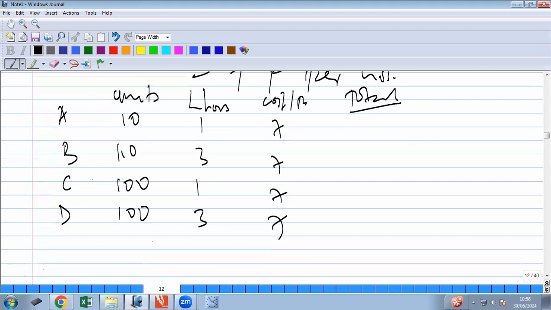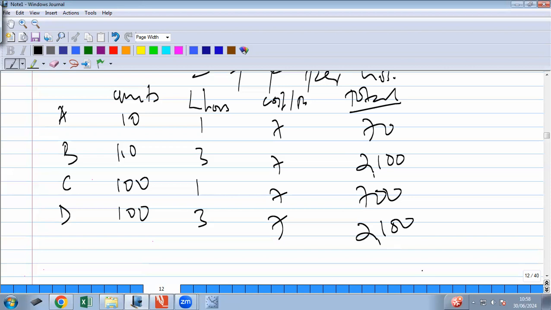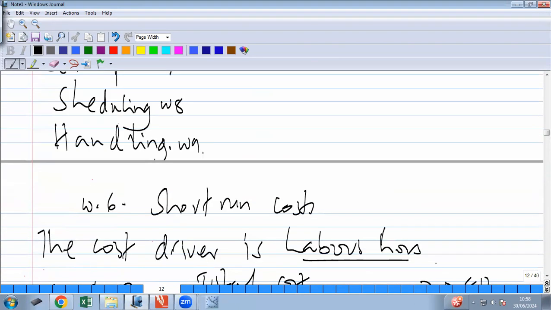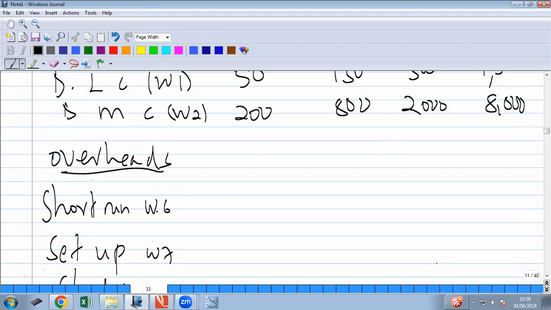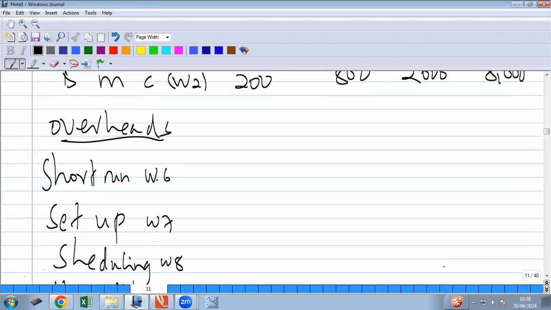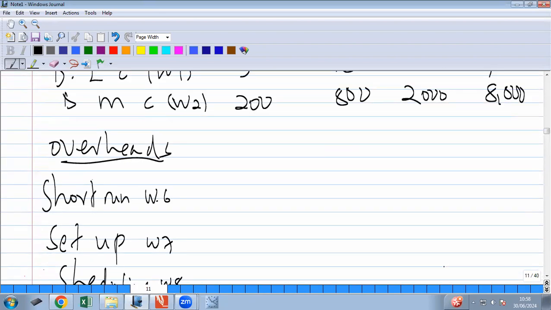So I have 700. 70 to 10. 700. 2,100. So this is what we transfer to our overhead, short run costs.